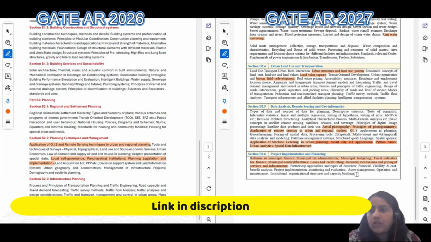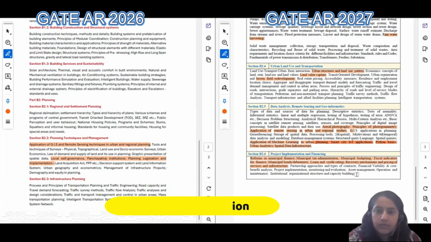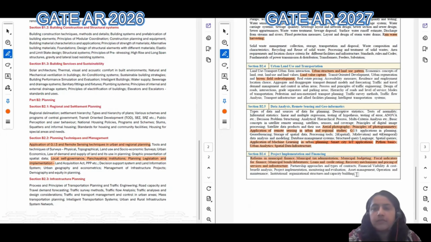The syllabus has been restructured, and a lot of additions have been made to it. And if you look at the overall syllabus, it has shifted notably towards digital technologies, sustainability, advanced planning techniques, planning methods, professional practice. Retaining, of course, the old core architectural syllabus that was there, but now moving towards contemporary trends as well.